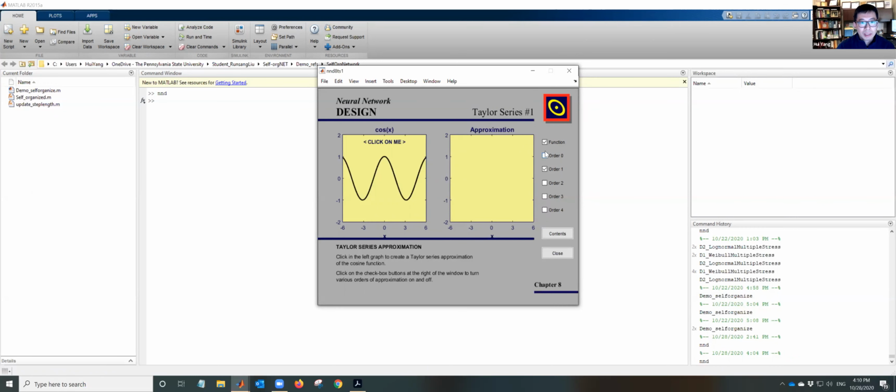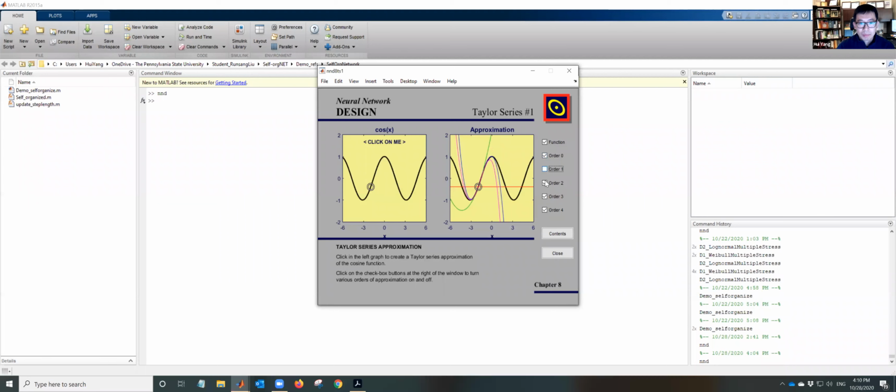And you see order 0, order 1, 2, 3, 4. If I click on a particular location, this will be my x star. At this x star location, I'm going to plot the original function as well as those approximations.